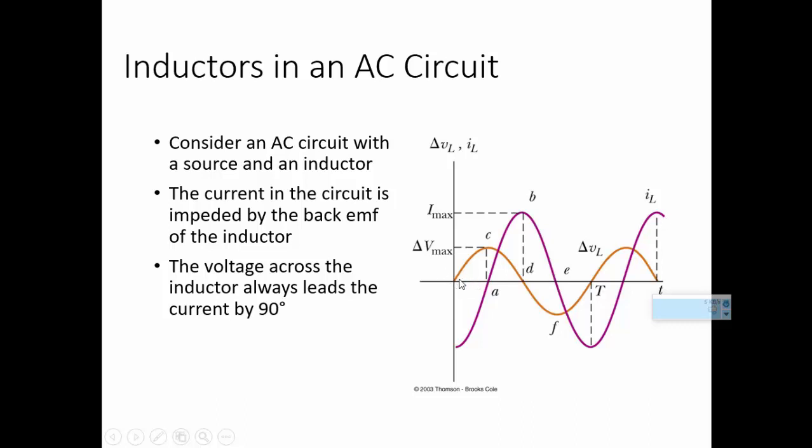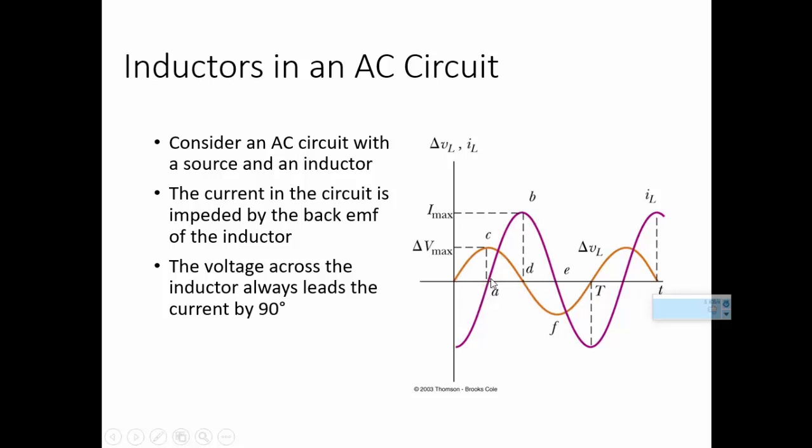But right now it's very important for you to understand that in an inductive circuit, the voltage leads the current by 90 degrees. Guys, anything to the left of the particular waveform is leading, and anything to the right is lagging. You can see here that this voltage waveform is ahead of this purple line.